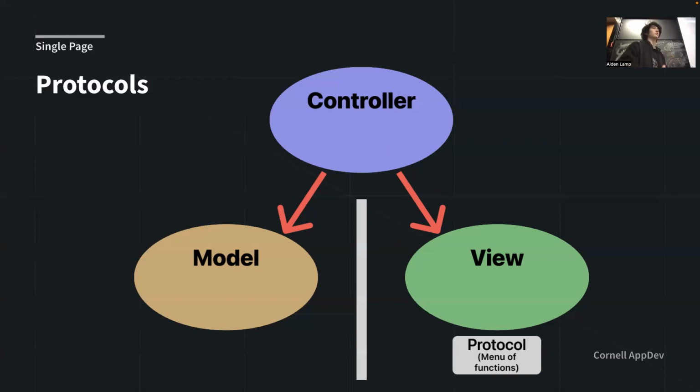Could be whatever list of functions you want. And then our controller takes that list of functions and provides an implementation for them. So the controller says, I want to be able to have this view communicate with me, so it has the implementations for those functions. And then the same system with the targets happens, where anytime those functions need to be called, we shoot an arrow at those functions and they get called.